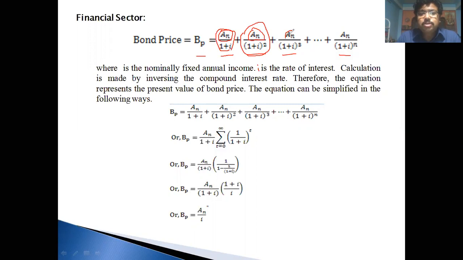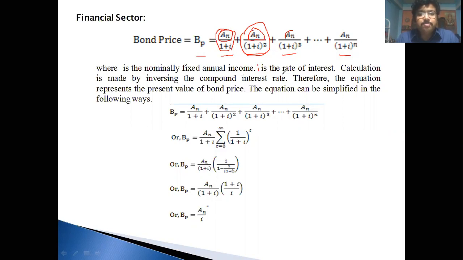By summing up these present values, we get the bond price. AN is constant here, I is the rate of interest. So the calculation is made by inversing the compound interest. This type of calculation is nothing but the inverse of the compound interest rate. So the equation represents the present value of the bond price.